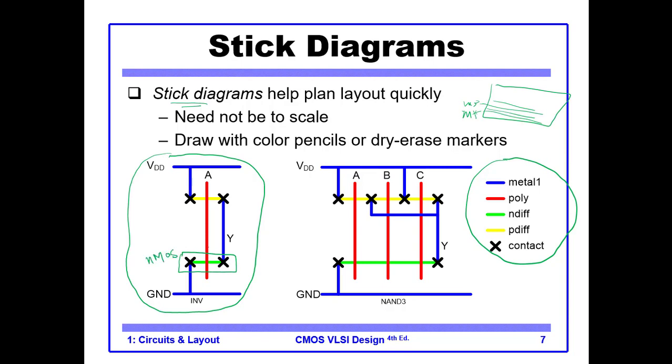Why NMOS? I told you, whenever you have this plus, and this one is the poly, and this one is your diffused region, you have a transistor. So if this diffused region is an N diffused region, then it is an NMOS, and if this is a P diffused region, it is a PMOS.